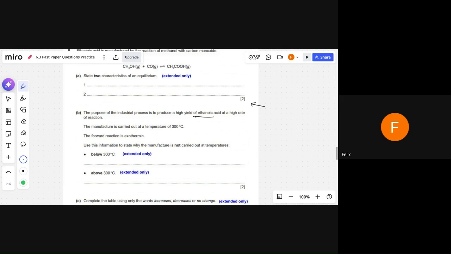So the reaction will slow down. And above 300, if we increase temperature, since it's an exothermic reaction, the reaction will shift to the left, and the yield of ethanoic acid will decrease. So yield of ethanoic acid too low, right?